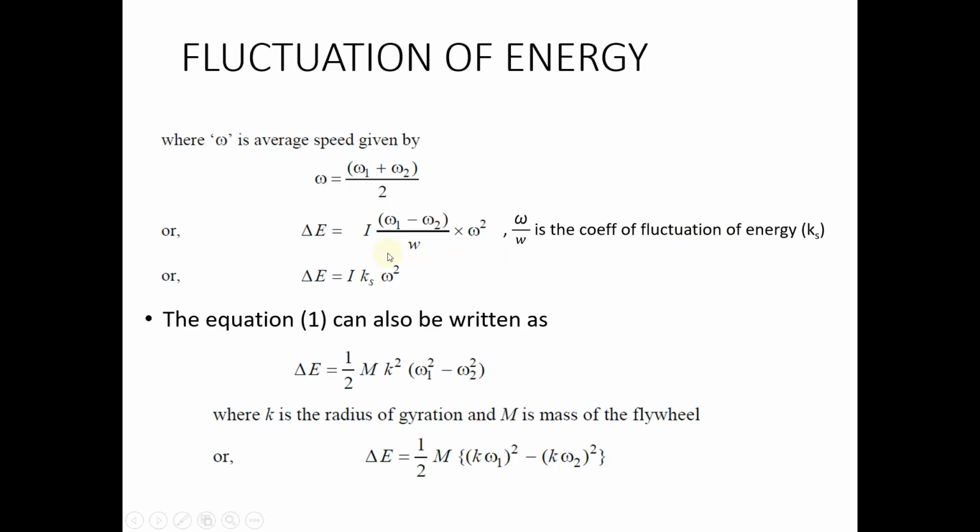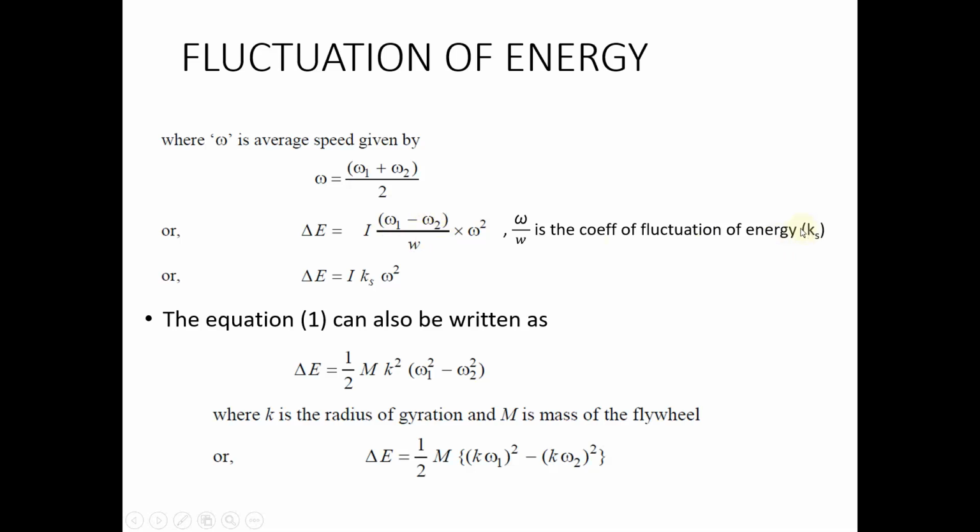So omega 1 minus omega 2 by omega, into omega square. So we write omega 1 minus omega 2 by omega as Ks.